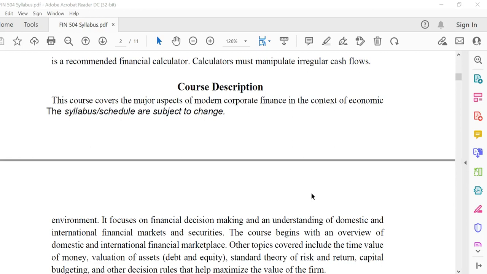Should everything go to the pocket of the shareholders in the form of dividend, or should they keep a part of those funds for reinvestment purposes? So why this decision is so important, we'll talk about this one also.